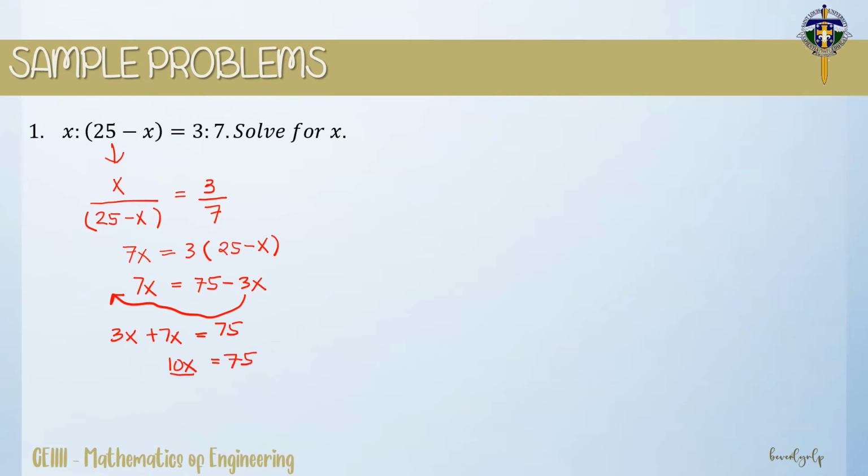So divide both sides by 10. x now is equal to 75 over 10, or simply x is equal to 7.5. So this is now our answer.